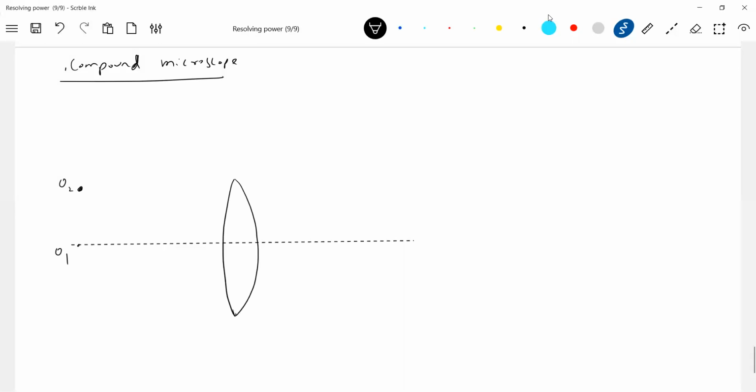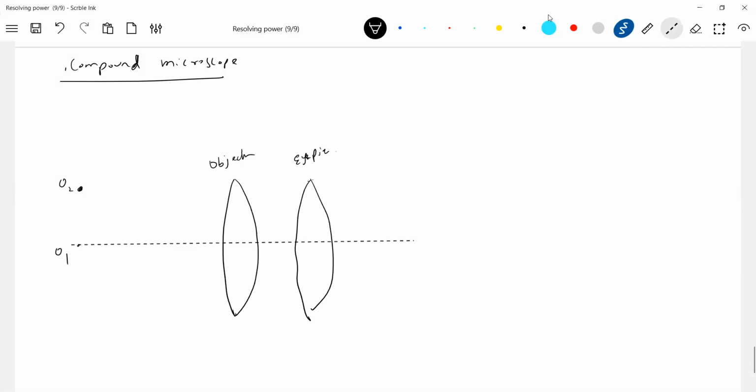I'll start with a small diagram. There are two lenses, no? We'll keep it. This is the objective, and this is the eyepiece lens.